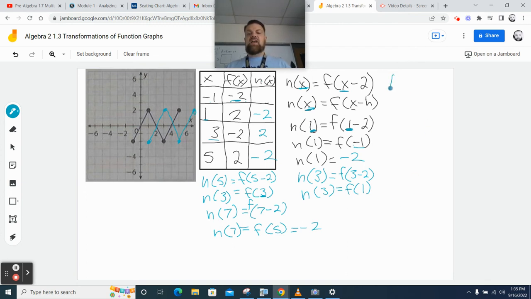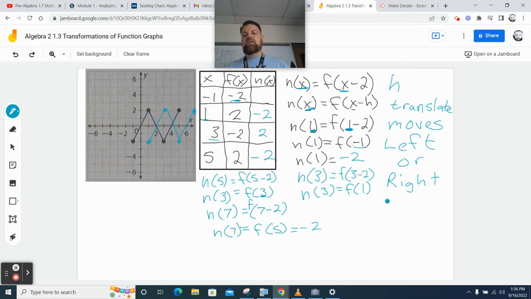Well, we would say that h translates, which is a fancy math word that means moves, left or right. But it's the opposite direction. In this case, h was negative, so let me do a little bit better on my handwriting.